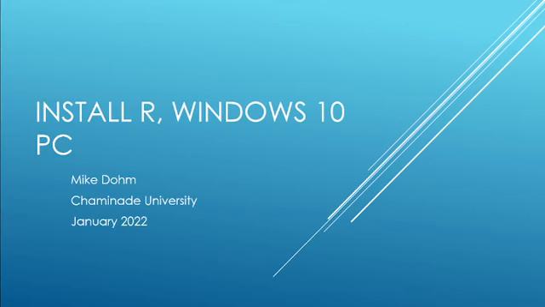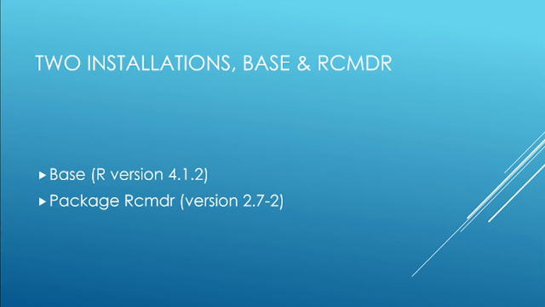Okay, so just a quick overview about where we're headed. We have two installations that you're going to do. The base software, as currently the R version is 4.1.2, and they come up with new versions about every 6 to 8 months, something along those lines.